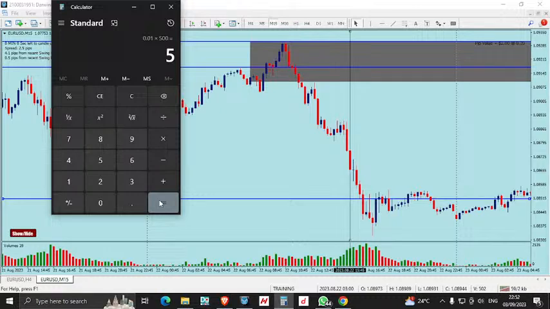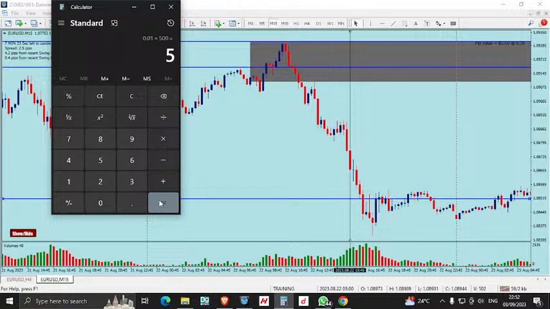So assuming you want to trade with 0.05, if you are risking 2% of your account, you can trade with 0.05. Every trade, don't allow your losses to be more than 20 pips. So by so doing, you can trade with 0.05 for $500.